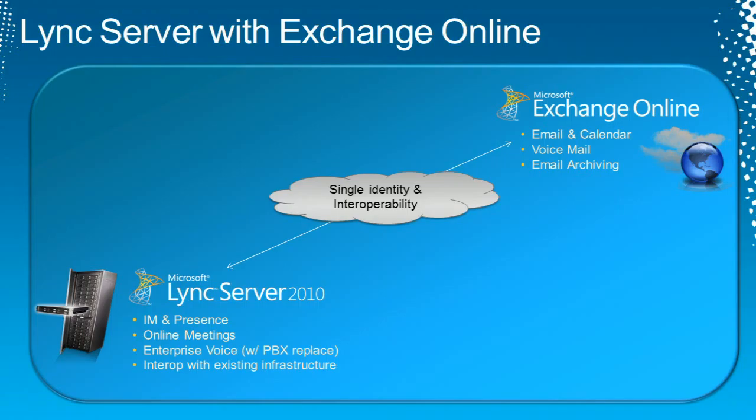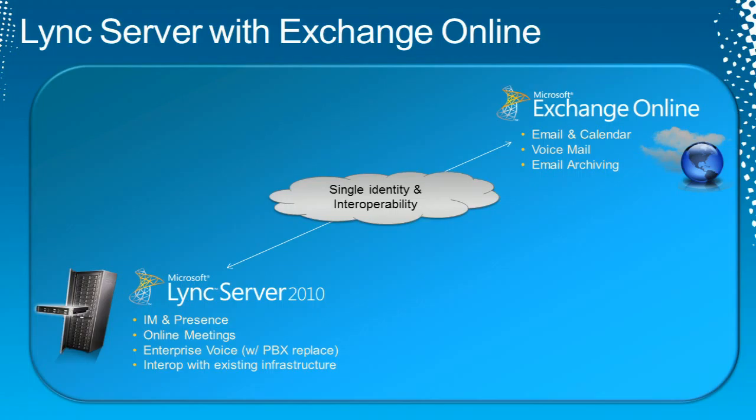Lync server on-prem provides the full UC capabilities, including enterprise voice, interop with your existing infrastructure, whether it's PBXs and room-based conferencing systems, and having your Exchange in the cloud, of course for email and calendar, but also the voicemail, the unified messaging workload. You can move that to the cloud, and these things interoperate in a seamless way.